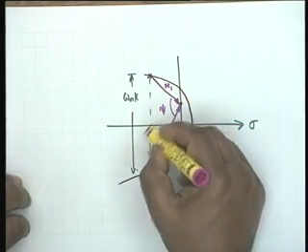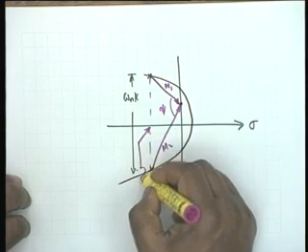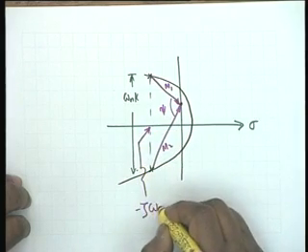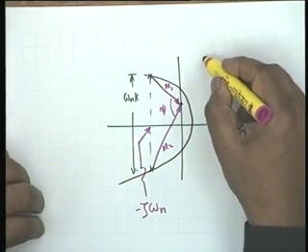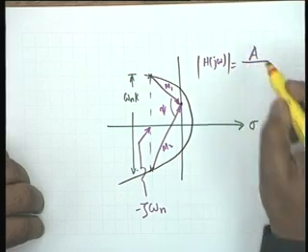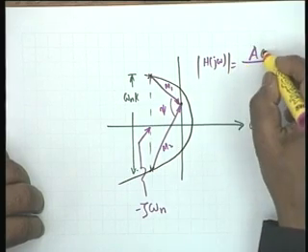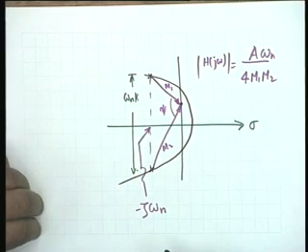And this point is minus zeta omega n. All right, and we have already seen that the magnitude of h of j omega is equal to A omega n divided by 4 m1 m2.